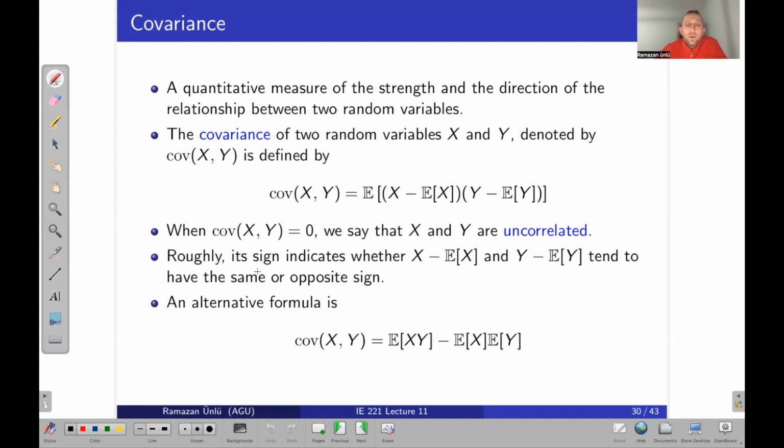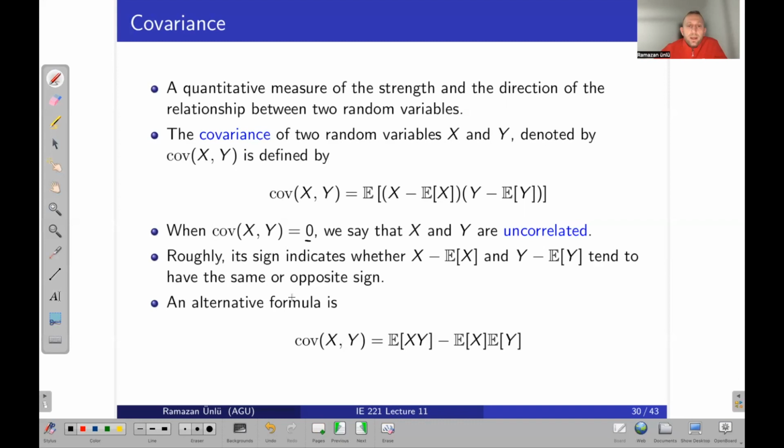And when the covariance of two random variables is 0, we say that x and y are uncorrelated. Changing one of them will not affect the other one. There is no correlation between x and y if the covariance of these two random variables is 0.